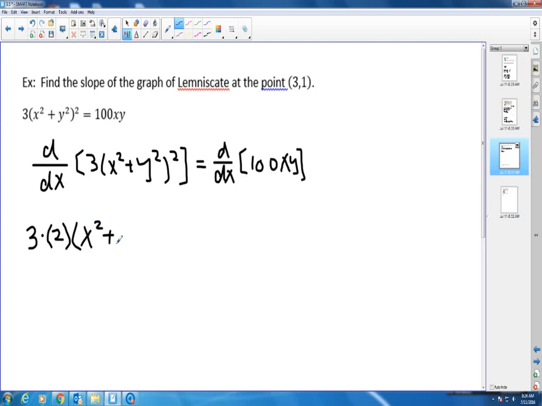So that'll still be x squared plus y squared. The exponent is 1 now, go down by 1. Times the derivative of the inside. The derivative of the inside: for the x squared that would just be 2x.